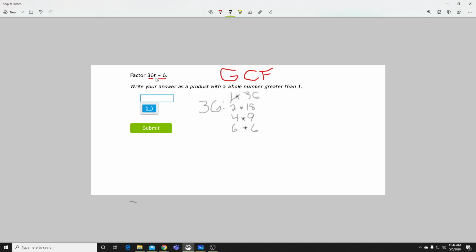So we have 36t minus 6. Well, we looked at our factors of 36. We see that we have 1, oh, I missed 1, 3 times 12. See, very easy to miss one very quickly.